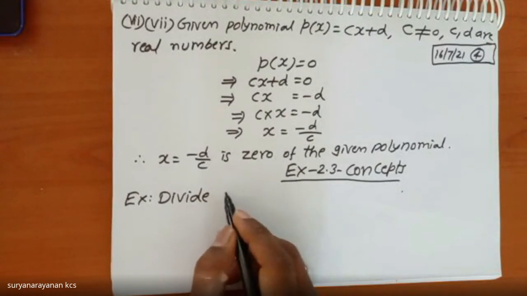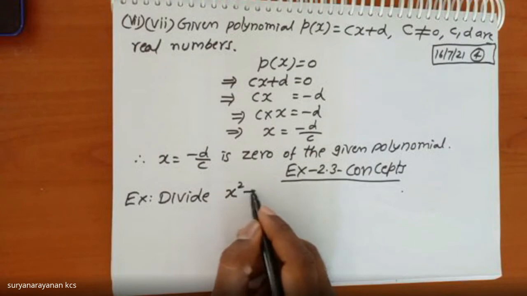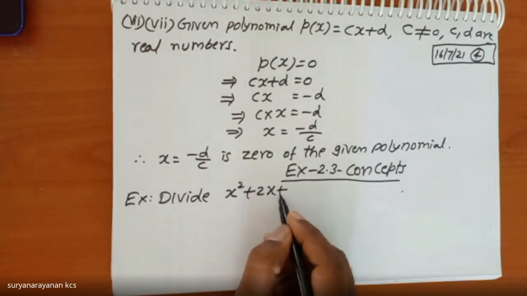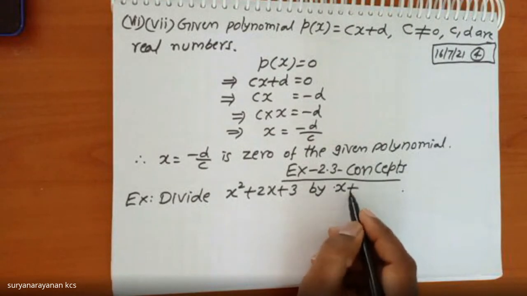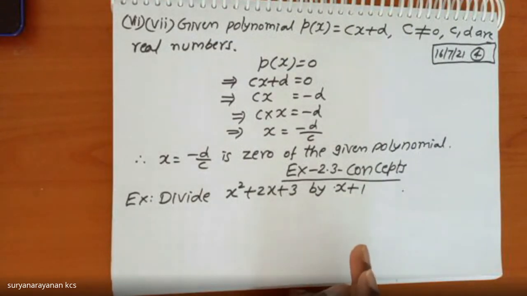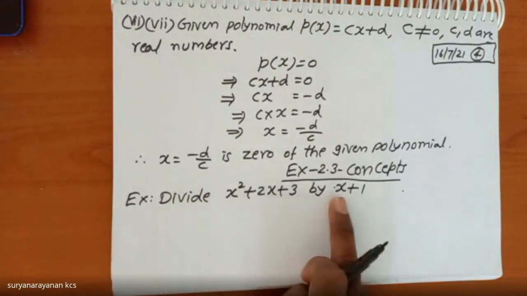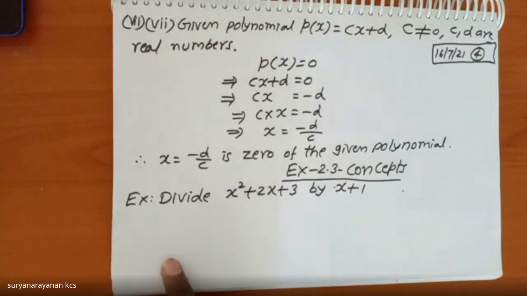So, suppose x square plus 2x plus 3 by x plus 1. How do you divide this polynomial by x plus 1? In this exercise, we mainly focus on dividing a polynomial by a linear polynomial.